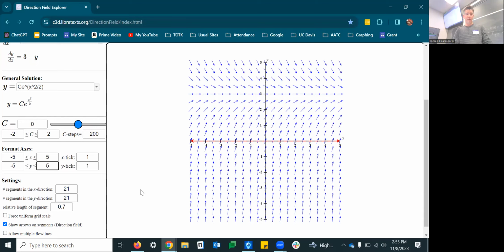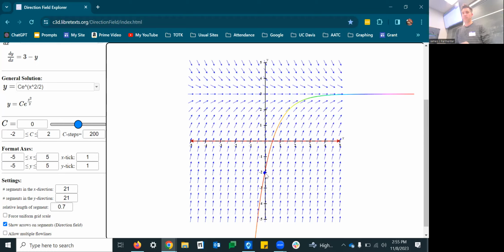And what's also cool about this is if you click on it, you can see the path of travel. If someone gave you an initial condition of x equal to 0 and y equal to -2, you can click down there at (0, -2) and see that the line through that is still going to eventually tend towards the stable equilibrium.